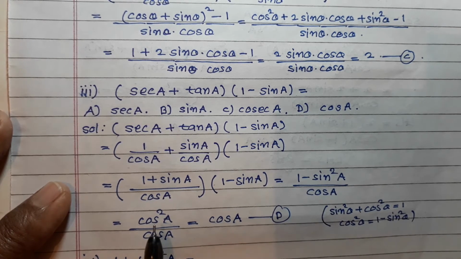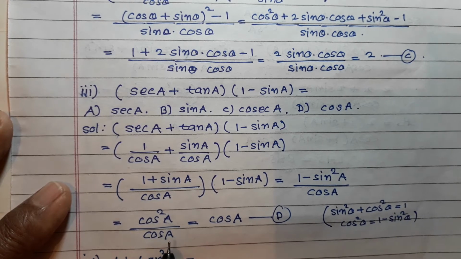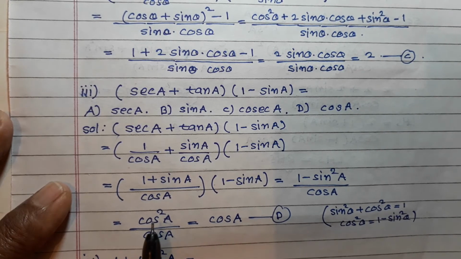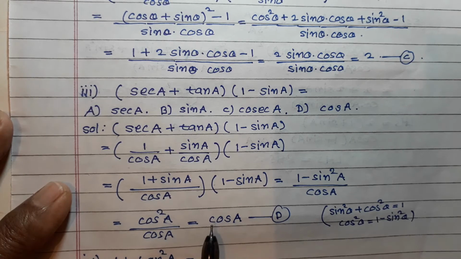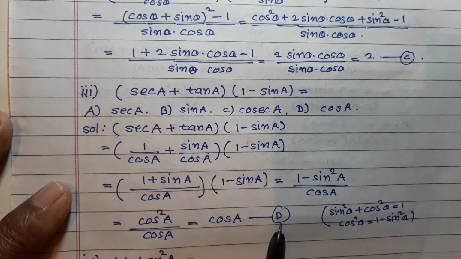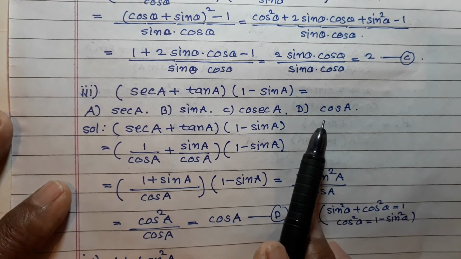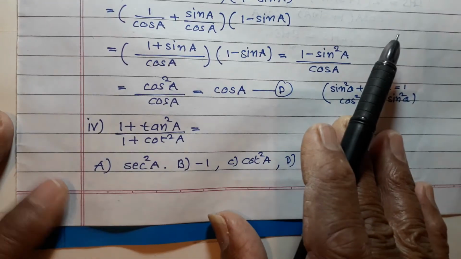So for this you substitute cos square A upon cos A. So cos A, one cos A gets cancelled, and your answer is cos A. So option D.